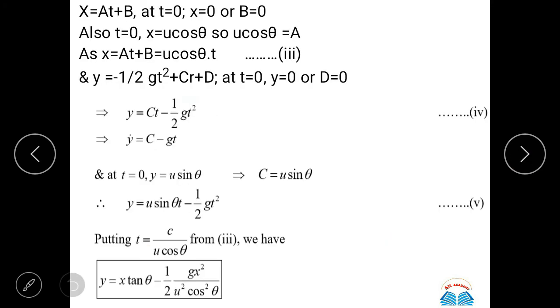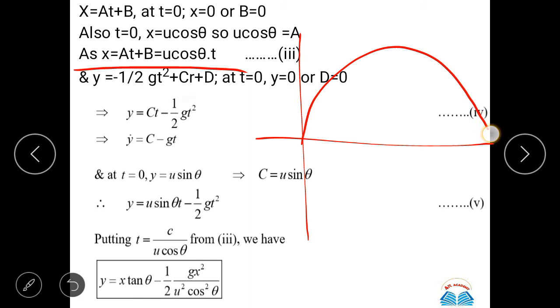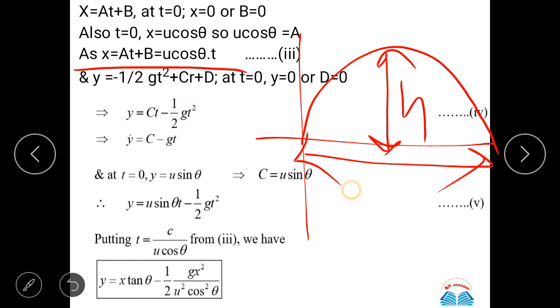So after applying these limits, we are getting the values for x and y, as x equals at plus b, which is u cos theta t. This is basically the diagram of this. You can see here, this will be the y coordinate, which will be the height. This will be the x coordinate. You can consider it as 2a. This will be your x coordinate. This will be your y coordinate.